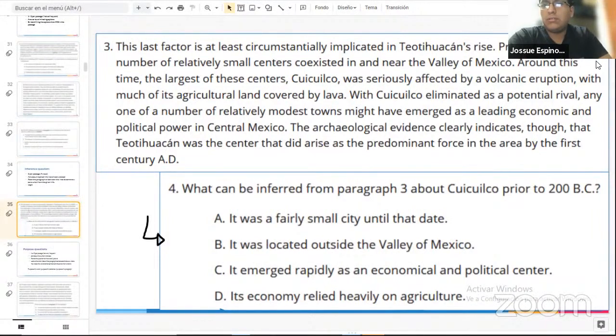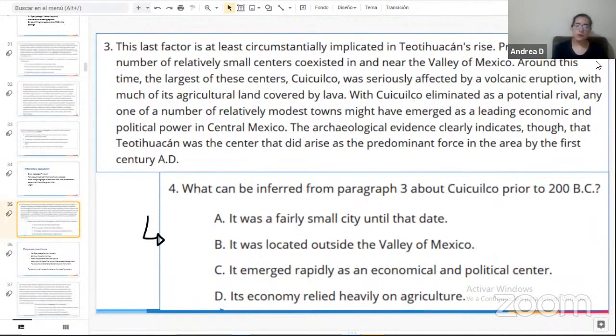Okay, and the options too, please. A, it was a fairly small city until that day. B, it was located outside the Valley of Mexico. C, it emerged rapidly as an economic and political center. D, its economy relied heavily on agriculture. Okay, thank you, Josue.